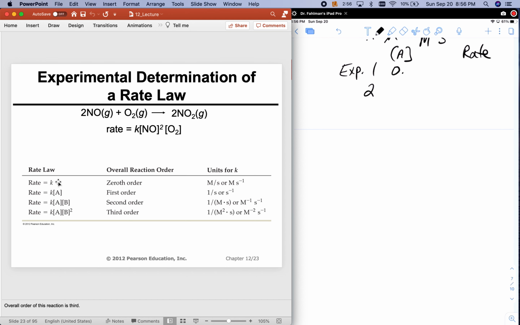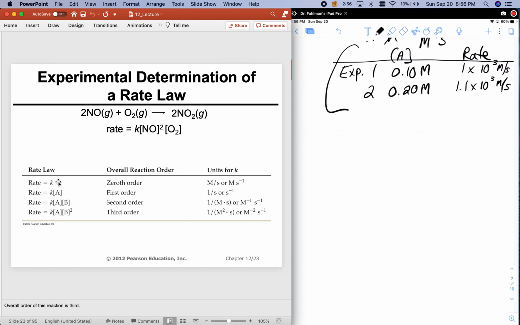Let's say this is 0.1, this is 0.2, and the rate is 1 times 10 to the third in both.